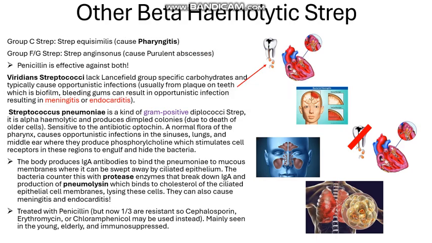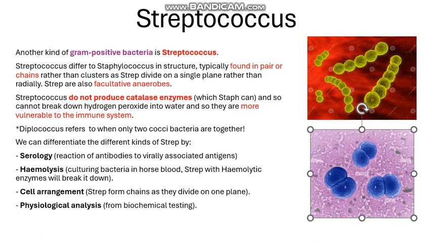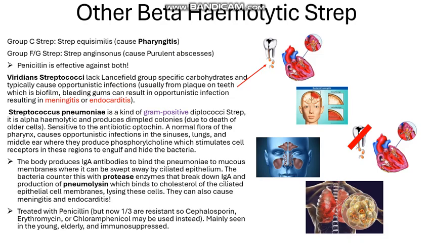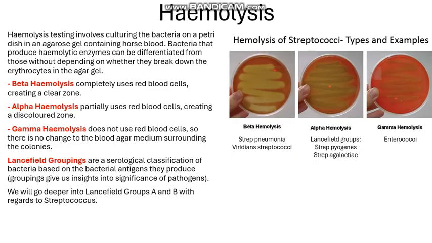Moving on, we have Streptococcus pneumoniae, which is a kind of gram-positive diplococci, so this kind of structure rather than the longer chains. It's alpha hemolytic and produces dimpled colonies, so alpha hemolysis, it still has these hemolytic enzymes, but it's not breaking it down as much.